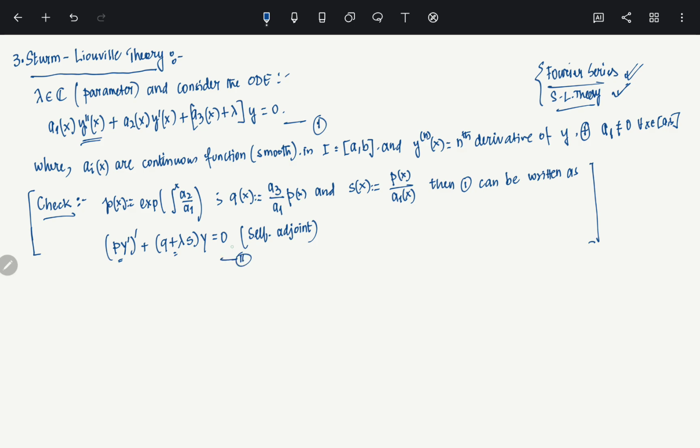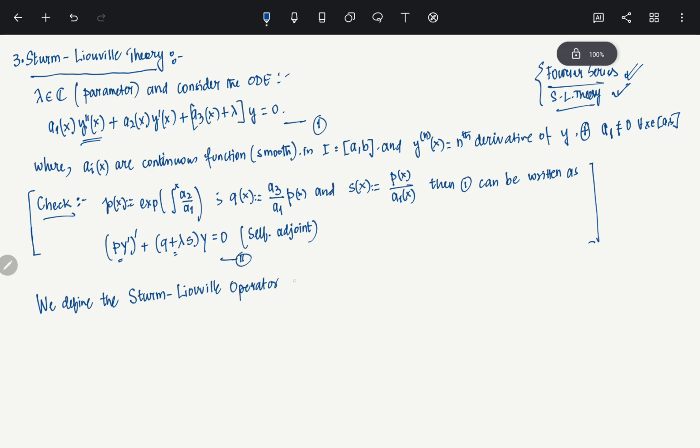And from 2, we write a new operator. We define the Sturm-Liouville operator. Please remember, operator means a function.